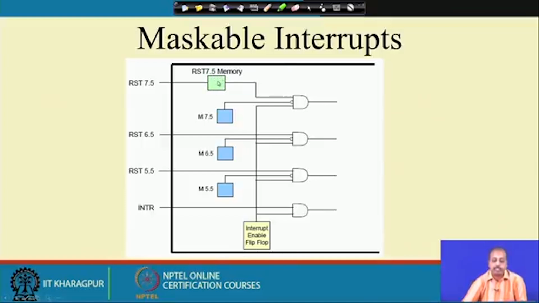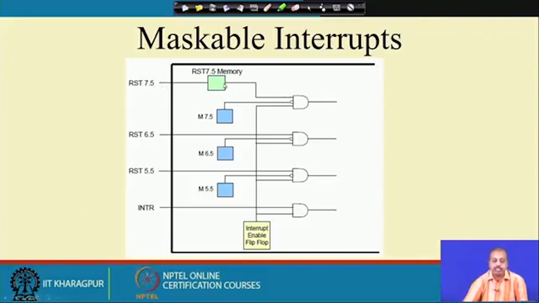This is basically keeping the memory. For interrupts like 6.5 and 5.5, if the interrupt has to be sensed, then the interrupt line must be active for that 17.5 T states, whereas for 7.5, since this is a flip flop, if the interrupt occurs, the value will get latched here.